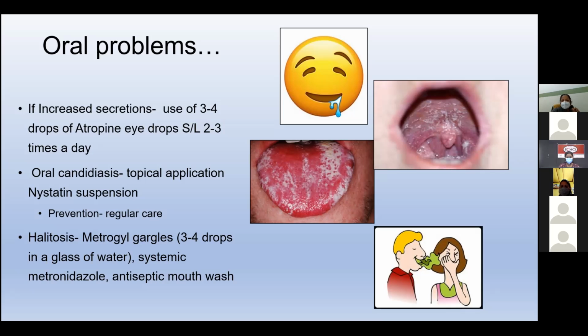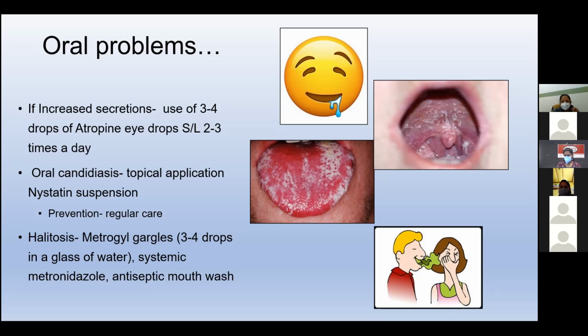Good care generally helps in prevention also. Generally, nystatin suspension is used. Topical application of this drug will help in removal of the oral candidiasis.